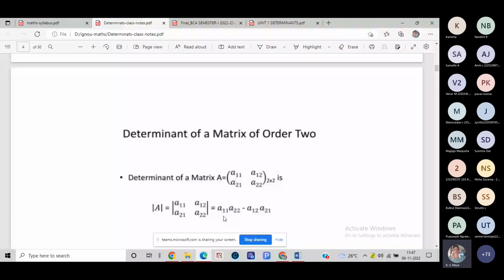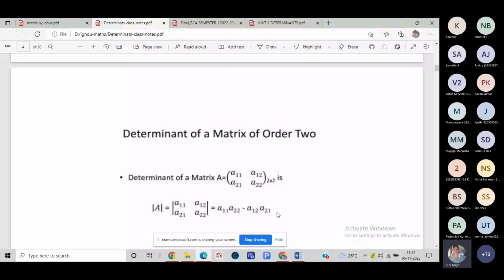This is the first product, and always put minus after it. Then you take a12 into a21. This is the representation you should know.